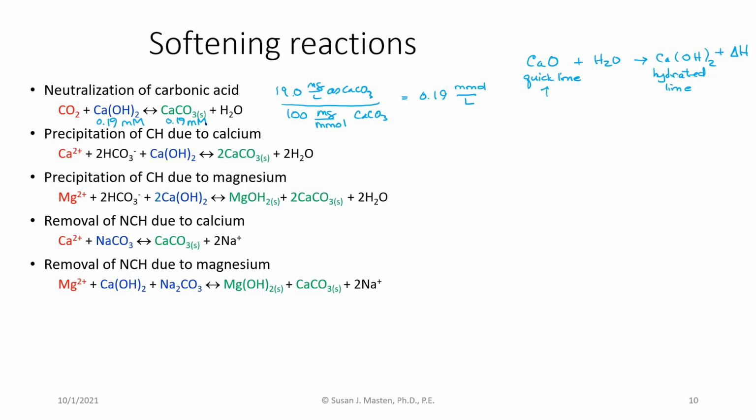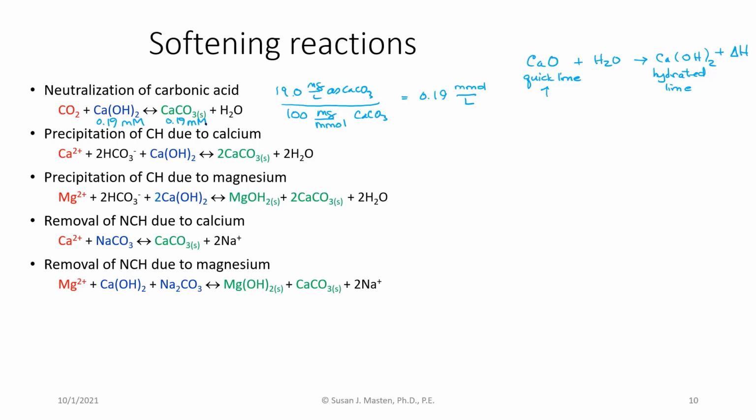Notice we're spending money on lime and we are producing sludge, but we're achieving no hardness removal. So it's costing us in money, both capital costs, and it's costing us an operating cost, both in chemical use and sludge production.